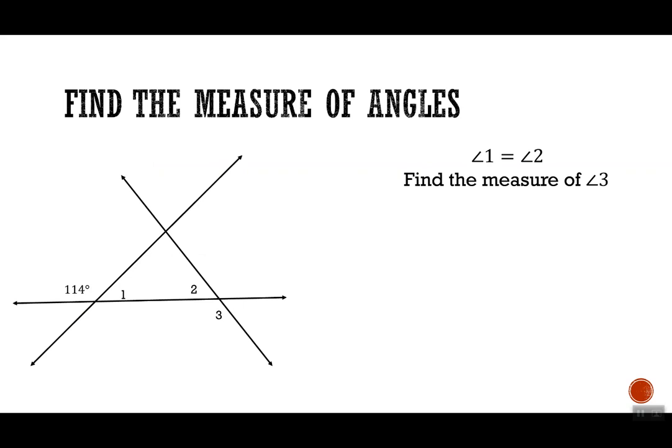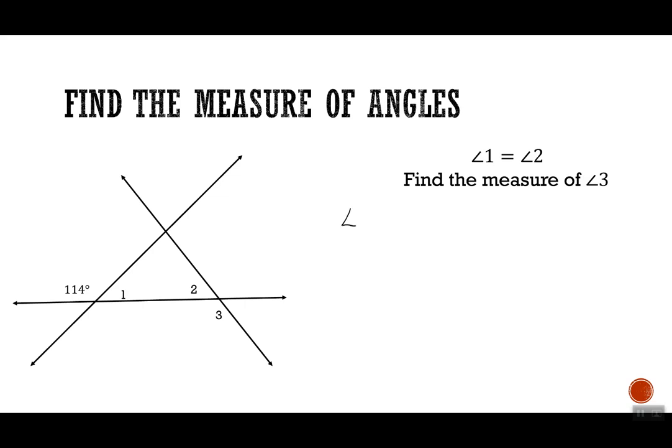And the next one, it also says find the measure of the angles, but we're given a little hint ahead of time. We're given that angle 1 and angle 2 are equal. So to start, I have 114 degrees on this outside along with the 1. So the 114 and the 1, that forms a straight angle.